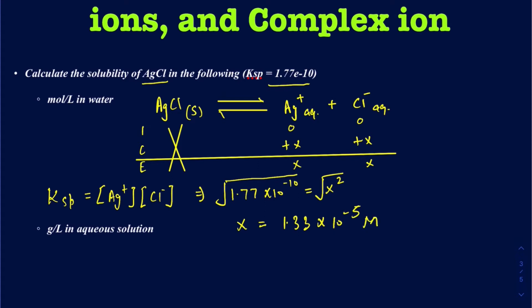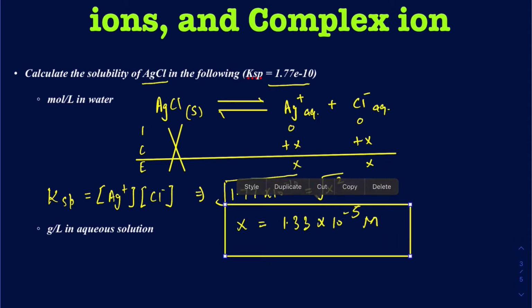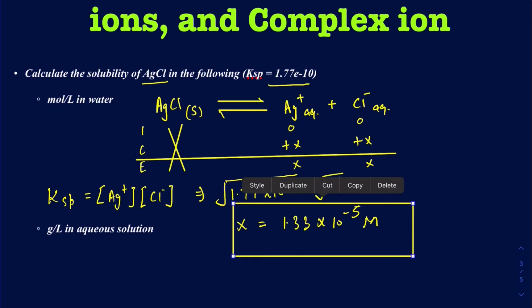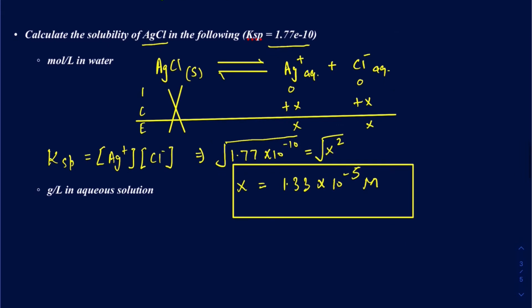So right now you figured out the molar solubility in moles over liters, or another way of saying it, in molarity. So that's what the molar solubility is. But a lot of times you might be asked to figure out the solubility either in grams over liters or maybe in just moles over liters.